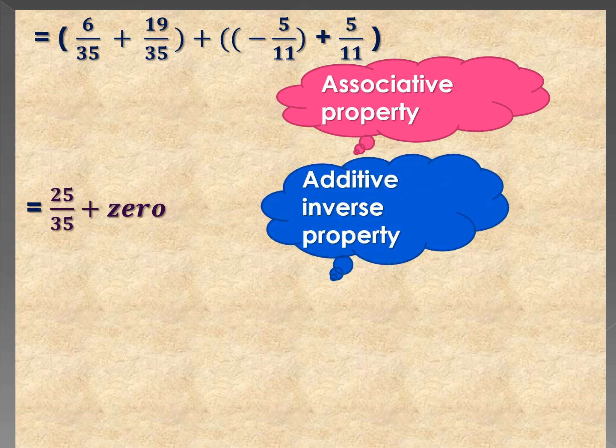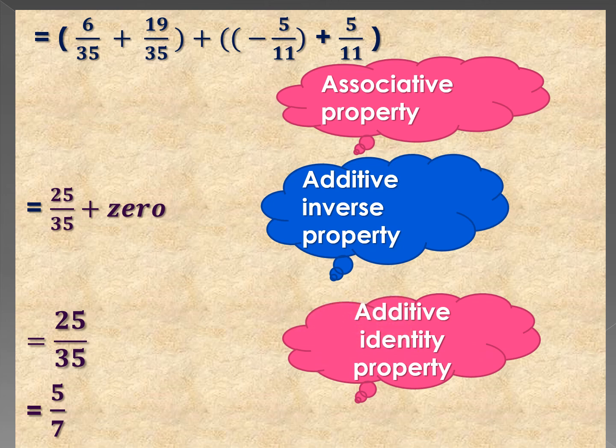Now we have 25/35 plus 0. Any number added to 0 is the same number, so which property is this? Yes, it is the additive identity property. So we get the same number, 25 over 35, which is equal to 5 over 7 in the simplest form, belonging to Q, and that is the closure property.